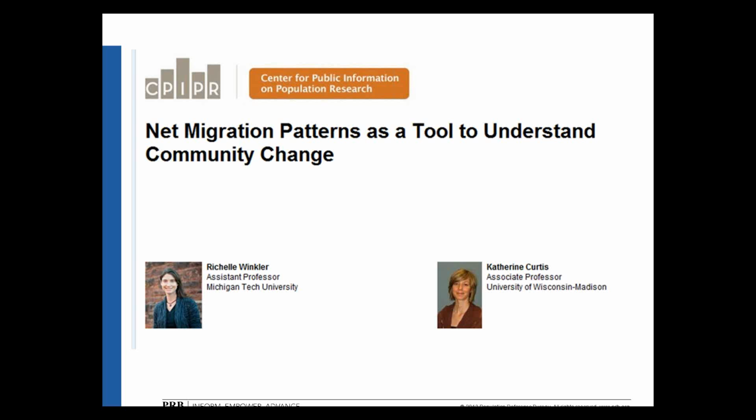Our two speakers are going to introduce a new website that they developed with a team of researchers where users can generate maps and charts of state and county level net migration using 6 decades of data from 1950 to 2010. These data are available by age, race, Hispanic origin, and gender for all U.S. counties. And I was fortunate enough to see this presentation or something like it at the PAA meetings and found it to be very useful.